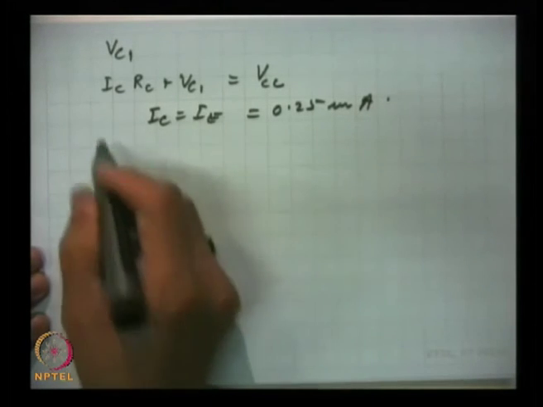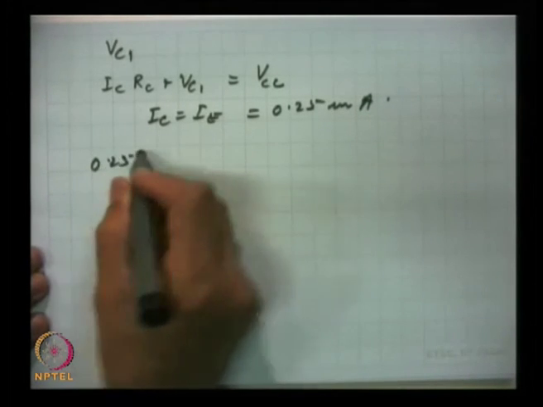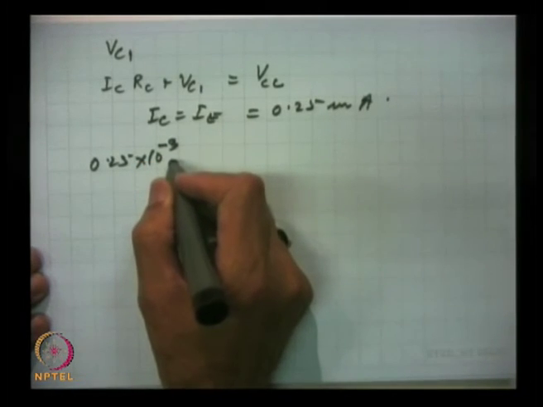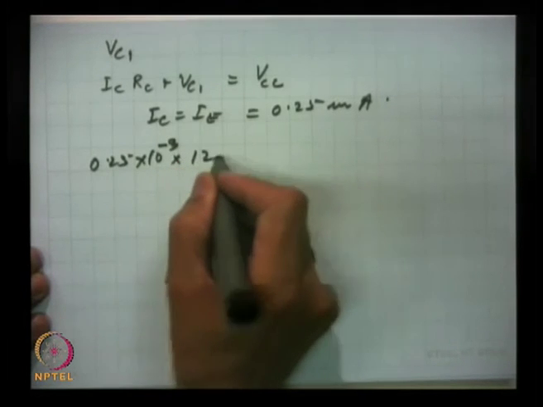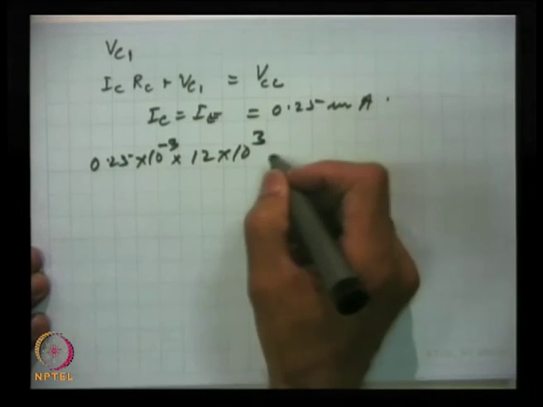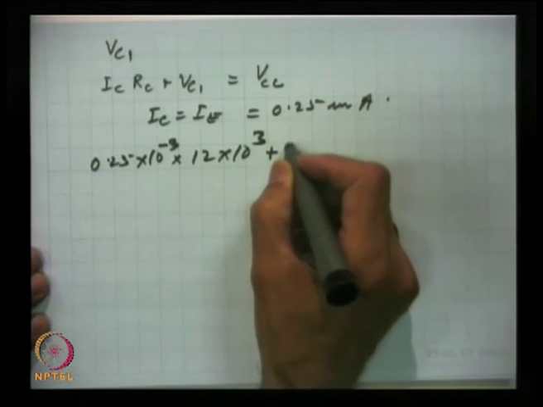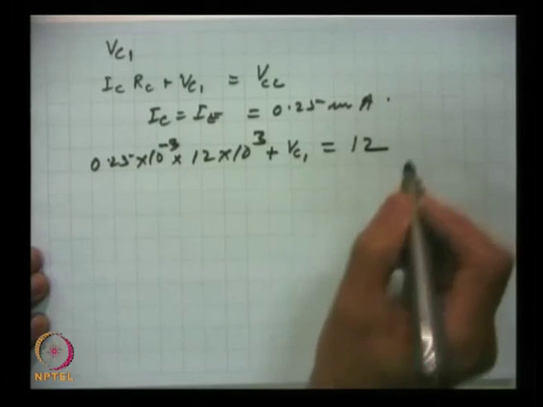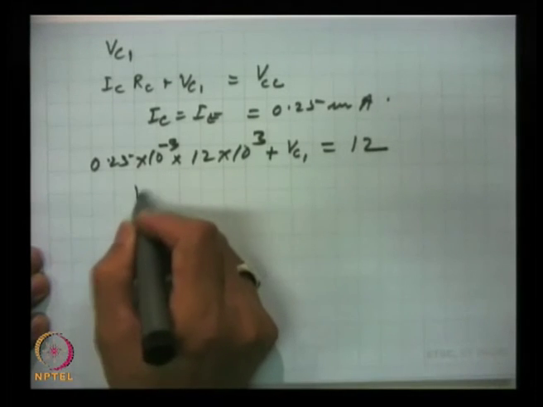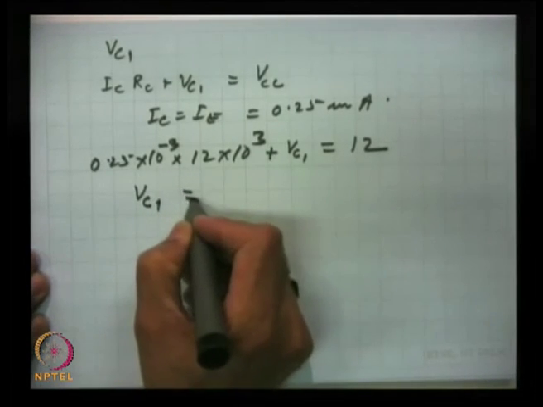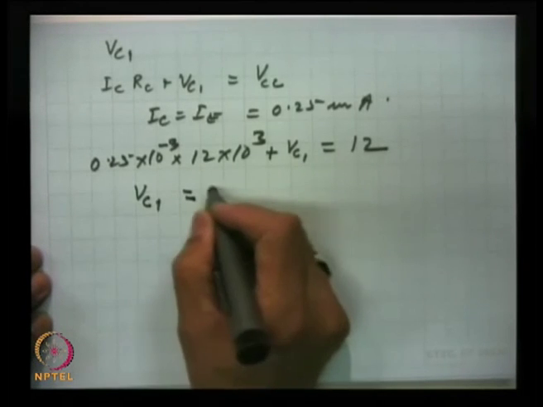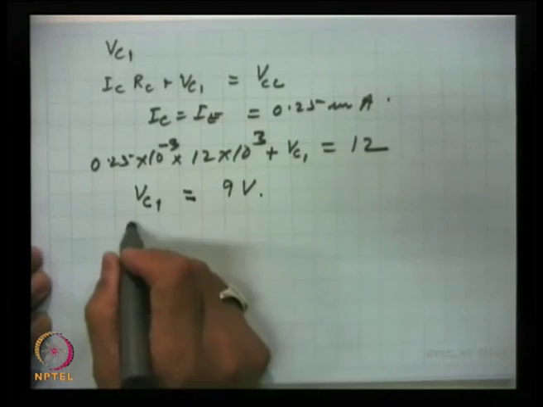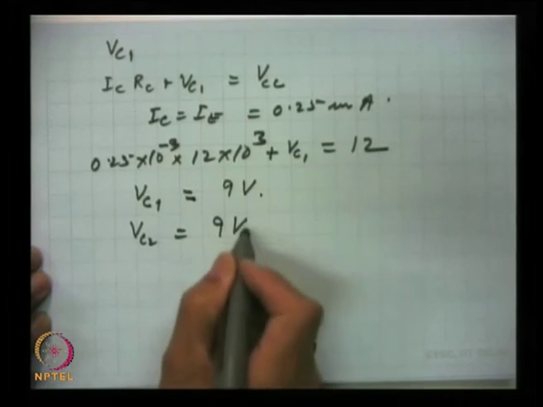So, this current we substitute here, 0.25 into 10 to the power minus 3 into RC, RC is 12 K, plus Vc1 equal to 12, and from here we get Vc1 at 9 volts. Vc2 will also come out to be at 9 volts.